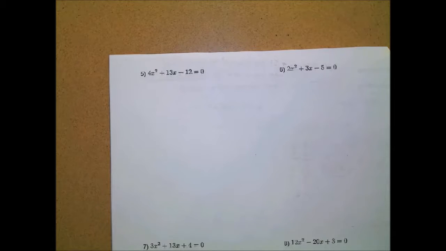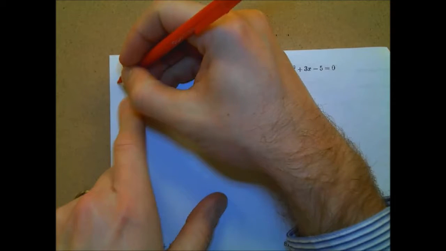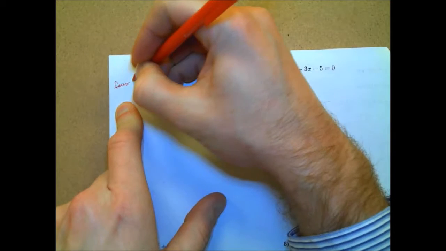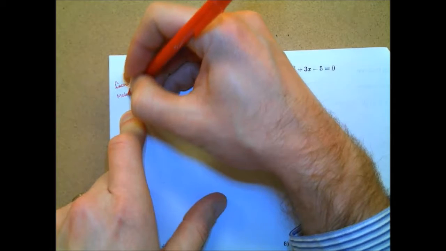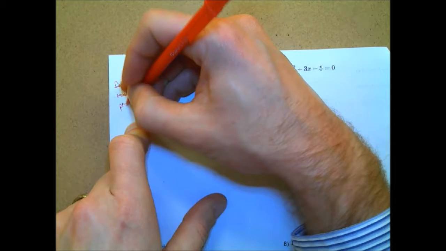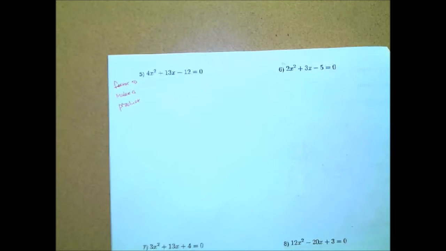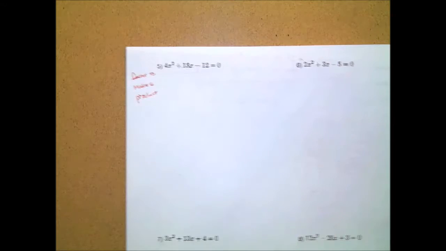We're going to factor these trinomials so they become a product, and then that product will equal 0, and then we'll be able to solve. So in other words, we have to factor to make a product.